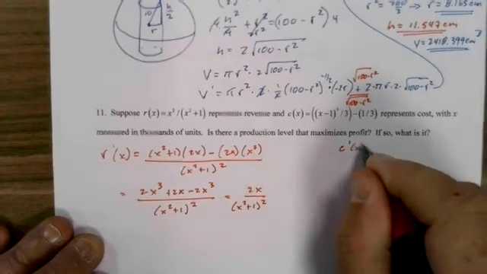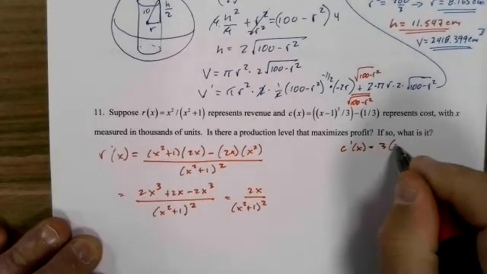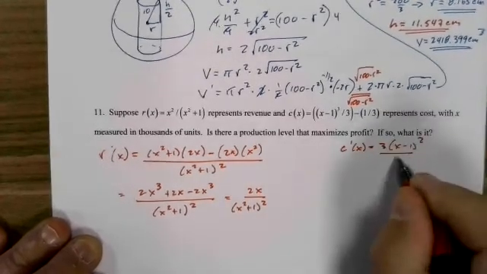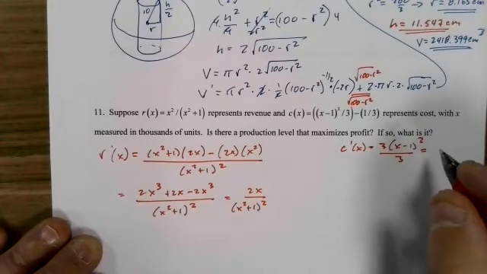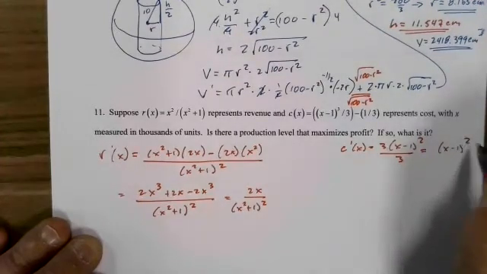C prime of x equals 3x minus 1 squared over 3 equals x minus 1 squared.